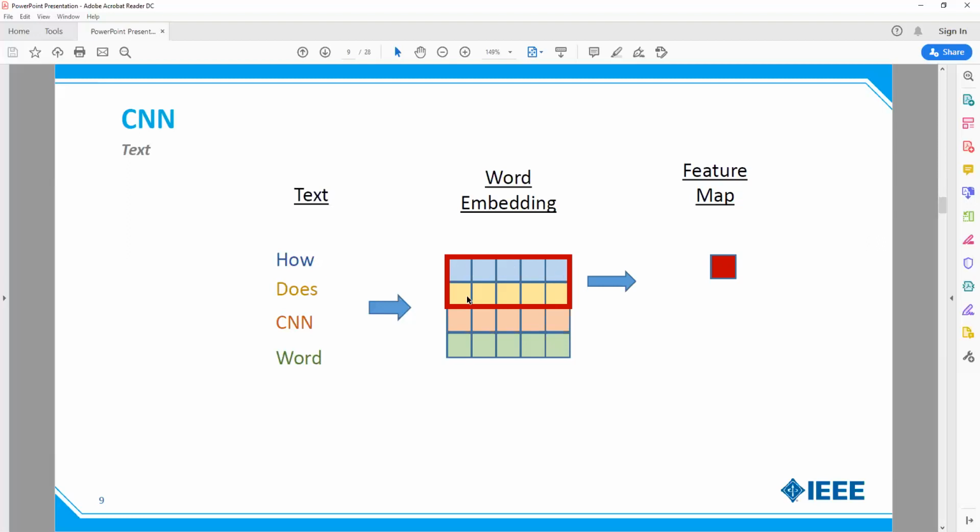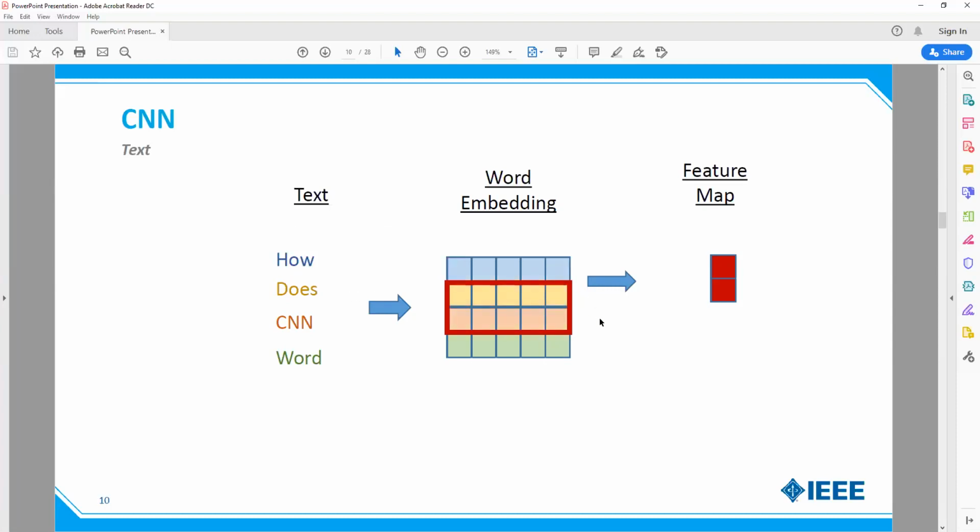This second one is the vector representation of does. So when we apply a kernel, let's say our kernel is 2, and we overlap it here at first, it's trying to find a feature map from the word embedding that provides a relationship between how and does.